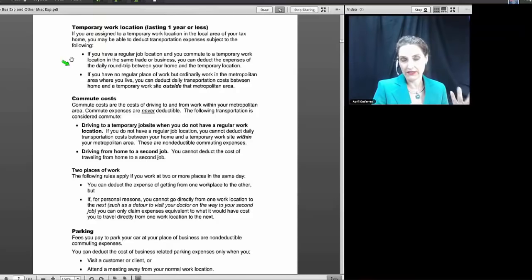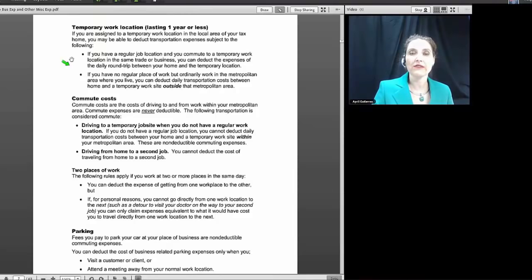For example, I have a client who is a substitute teacher, and she literally comes in with 6, 7 W-2s, all of them from different school systems. And even within a single school district, she could be working in multiple schools for that district. So temporary teachers would be a good example of someone who is working outside of the home, within their metropolitan area, but would not have a regular work location that they're going to.